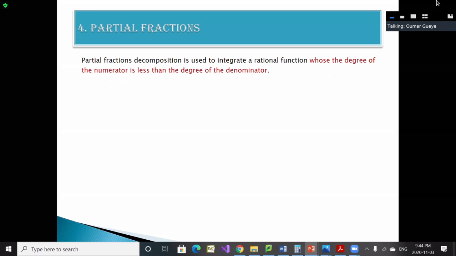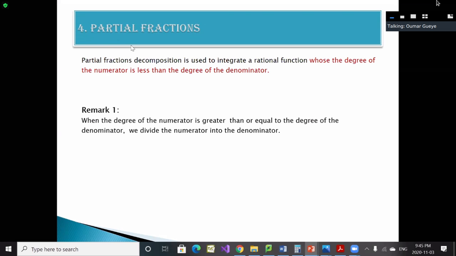And we now know what the degree of a polynomial is. The first condition is that we have a polynomial over a polynomial, and the second condition is that the degree of the numerator should be less than the degree of the denominator. Now, if the second condition is unsatisfied, you have to use long division in order to get it satisfied. So use the long division. Next, I'm going to show you how to use the long division.